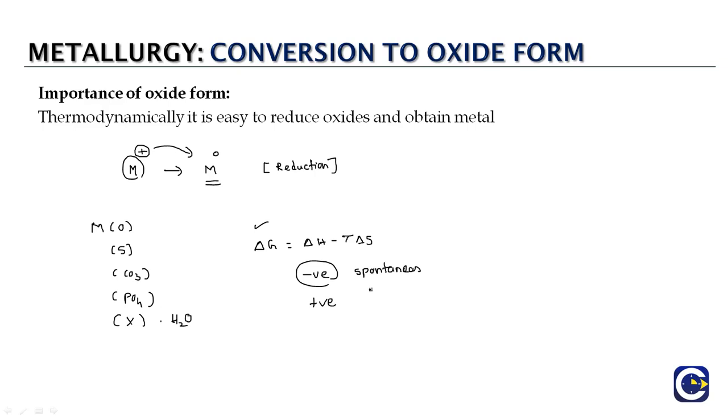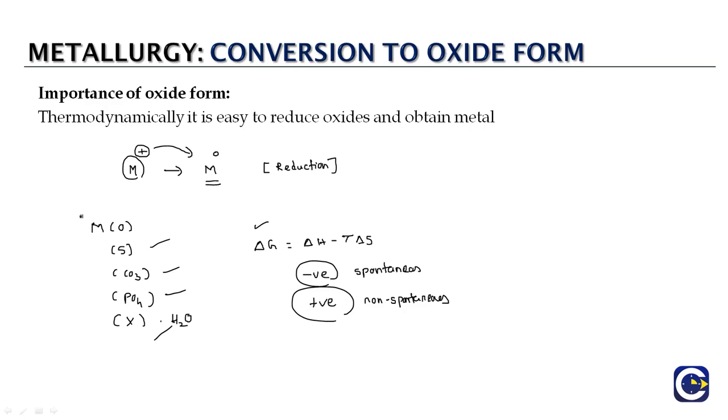In most cases the reduction of the metal will be non-spontaneous, which means delta G will be positive, and we actually have to supply energy to make this reaction feasible. The reduction of a sulfide, carbonate, phosphate or halide form has a more positive delta G, which means we have to spend more energy to perform this reduction.